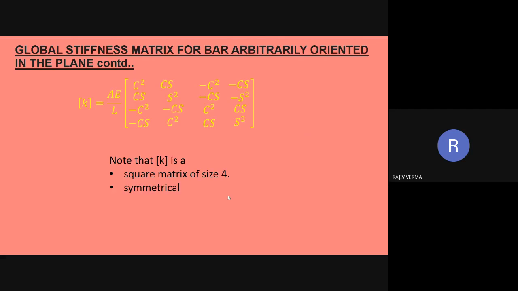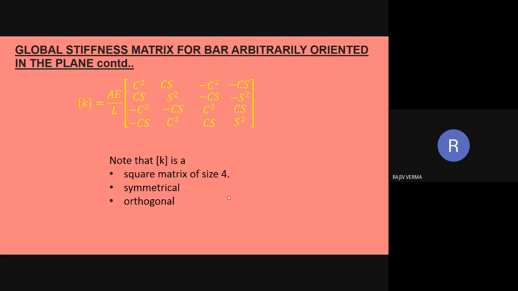It happens to be a symmetrical matrix also. But what perhaps is not going to be evident over here is that K is going to be an orthogonal matrix also. And once the K matrix is known, we can solve the problem for the displacements at each node.